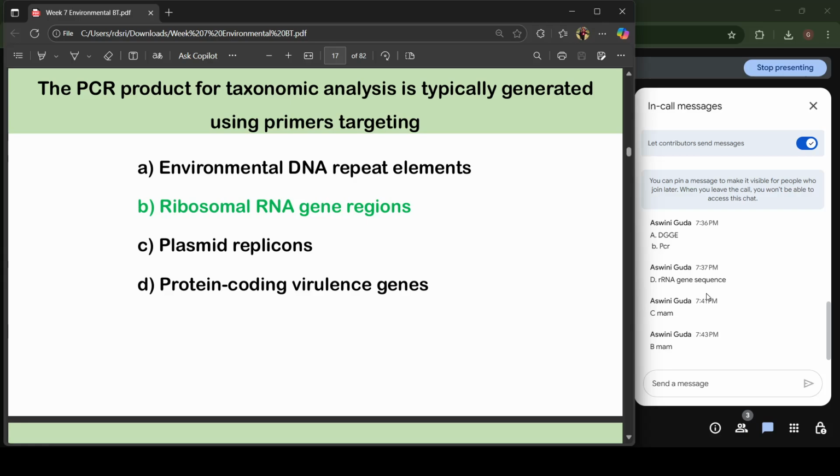So that is the key aspect that helps us in the entire process of taxonomic analysis. So we will be targeting the primers to the conserved region, and then we'll go for sequencing the variable region. Whereas we don't look for any environmental DNA repeat elements or plasmids, or for any virulence genes.